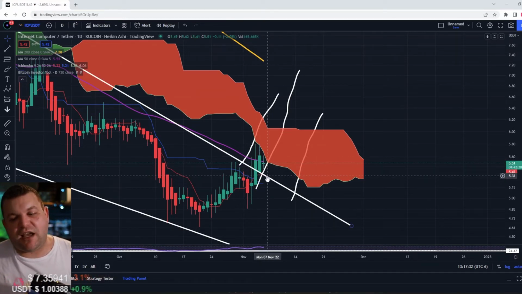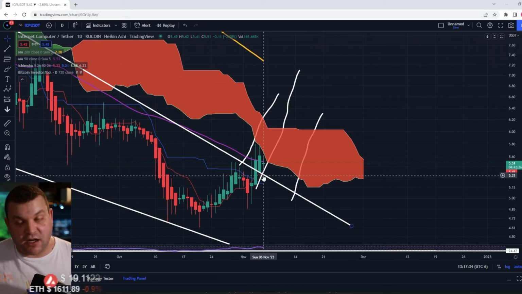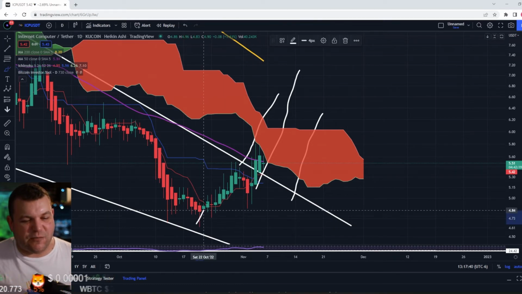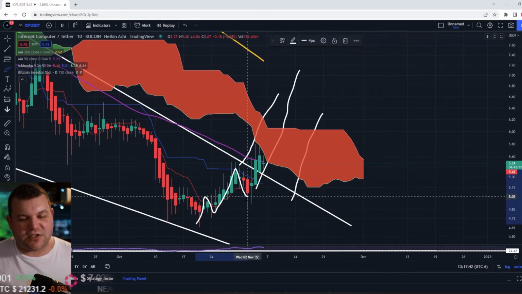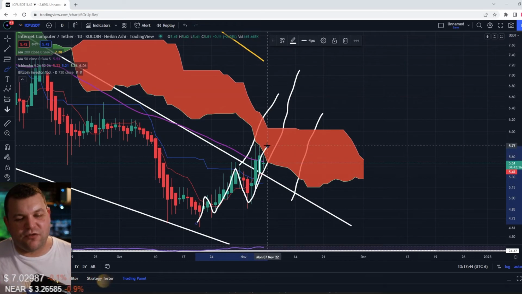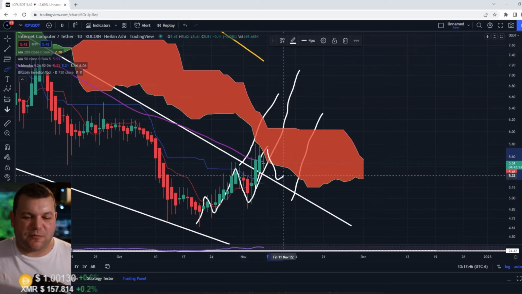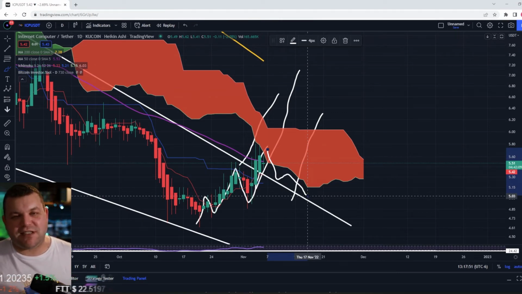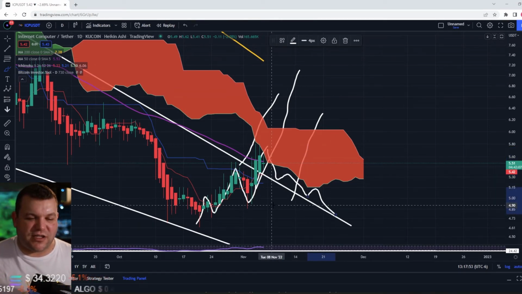So I do think that we might see the Internet Computer token give way here a little bit. And you can almost see that there might have even been some sort of Elliott wave theory move to the upside. So it wouldn't surprise me if we got some sort of ABCDE corrective wave to the downside.